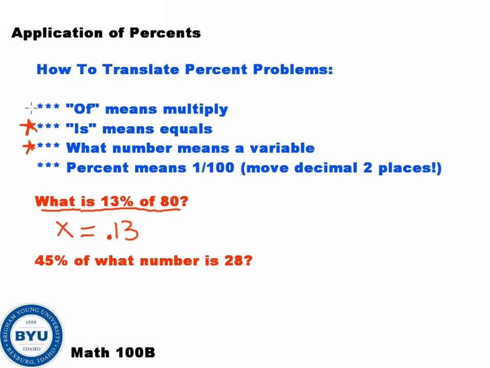"Of" is another translation word. Remember, "of" means multiply. Sometimes I remember "of" means to multiply because it's got a circle in it. Hopefully, maybe that'll help you remember what "of" means. And then 80, well, we just have 80. So this problem is asking us to do 0.13 times 80, and that'll give us the value.